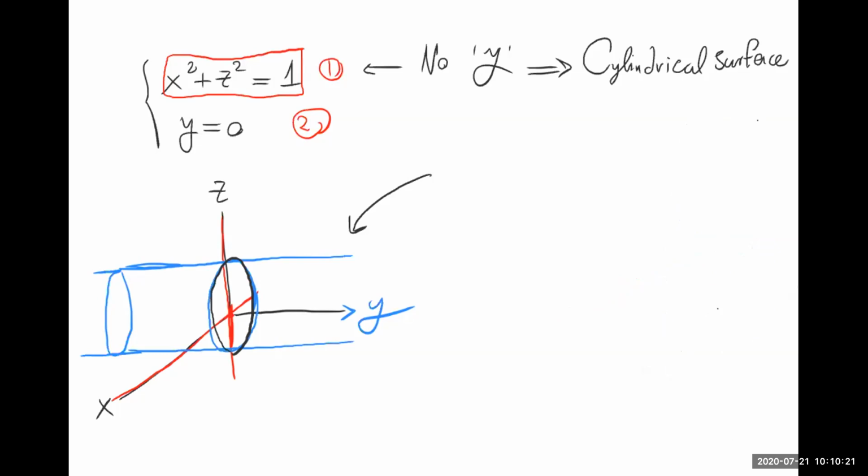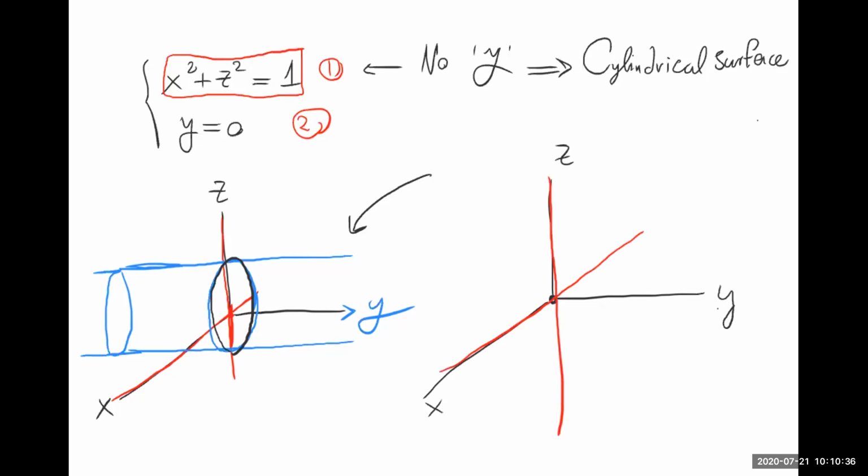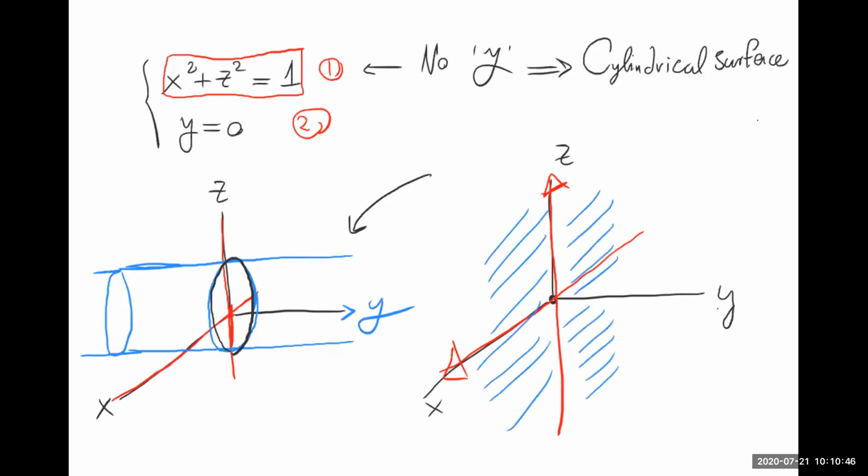And then there is another surface, y equals 0. Well, what is y equals 0? This is x, y, z. Y is 0 on this plane. Anywhere on this plane, this is X, this is Z. Any point on this XZ plane, the Y is 0 there. So y equals 0 is the plane made with the axes X and Z. Let's call it the XZ plane.